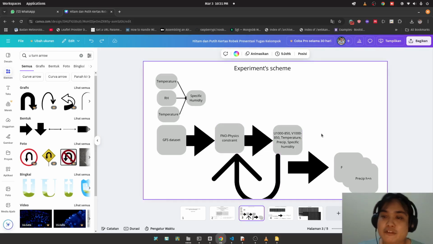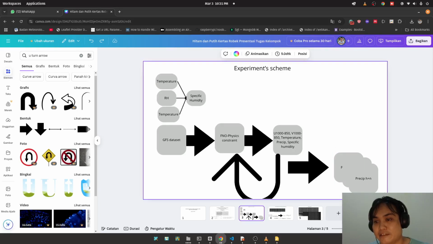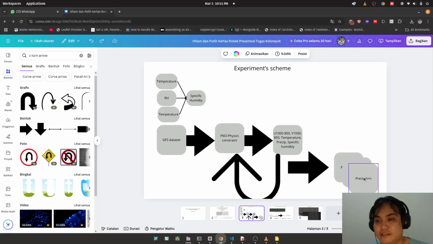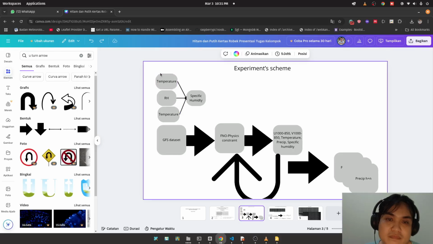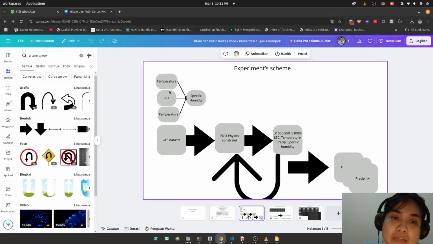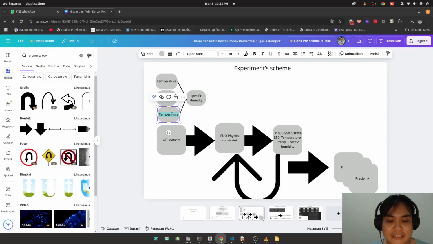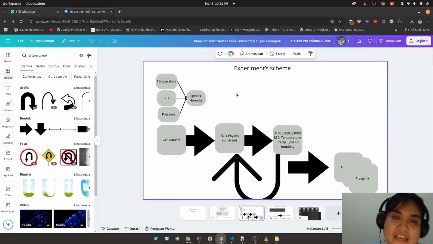What we are concerned with in this experiment is just precipitation. So from the looping of this FNO input and output, we will get this stack of precipitation predictions. Oh yeah, and here you see, to get the specific humidity, we need the temperature, relative humidity, and pressure.